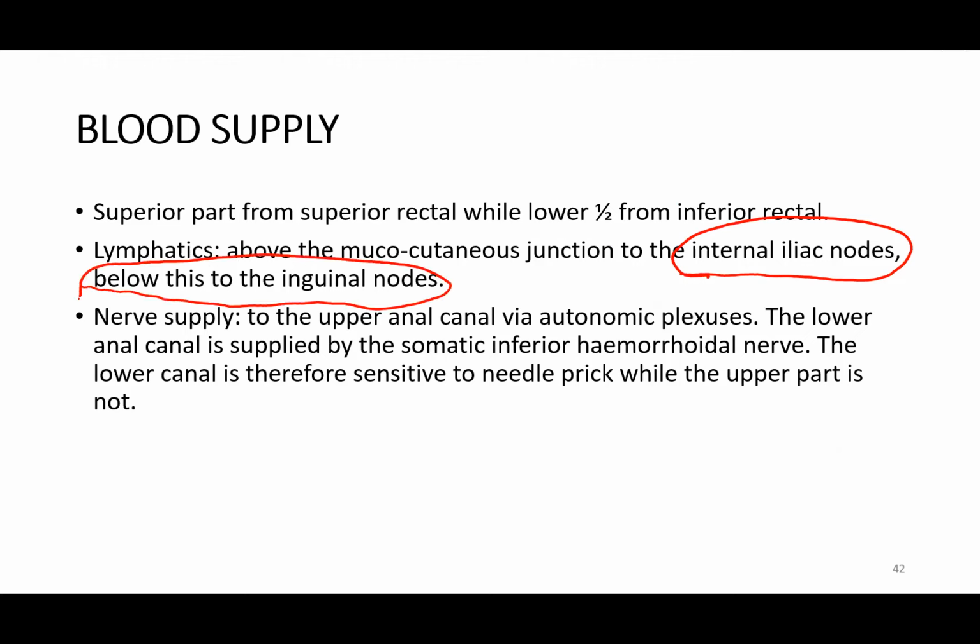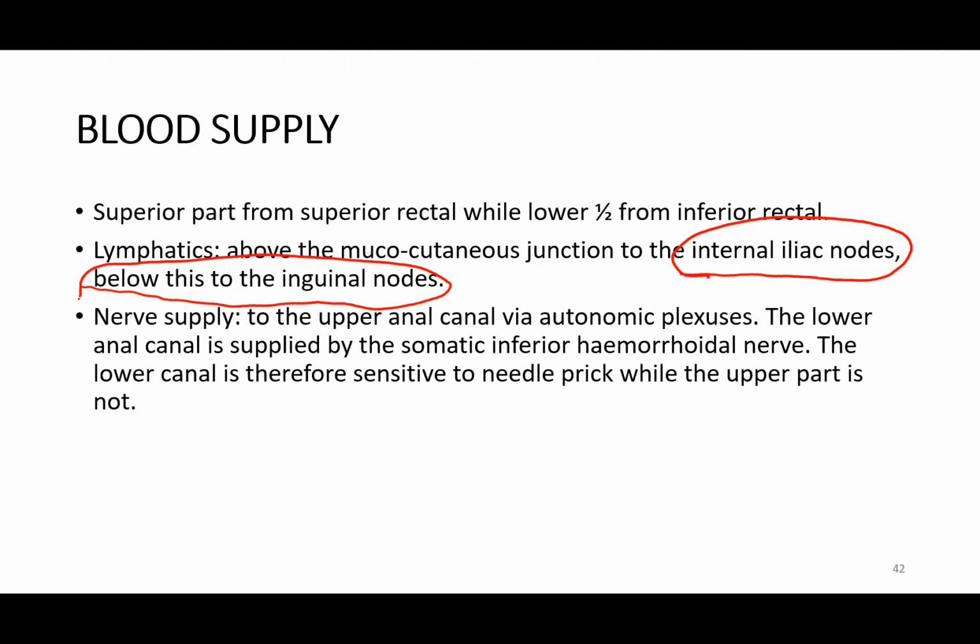That's why you see patients with anal cancers. They will have swelling in the groin. Their inguinal lymph nodes are also swollen, involved. So when you are examining the rectum of a patient with suspected anal cancer, you should also examine the groin.